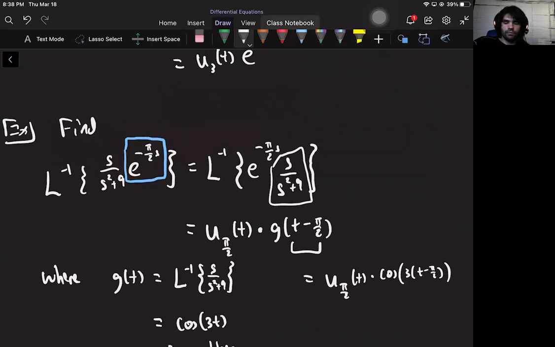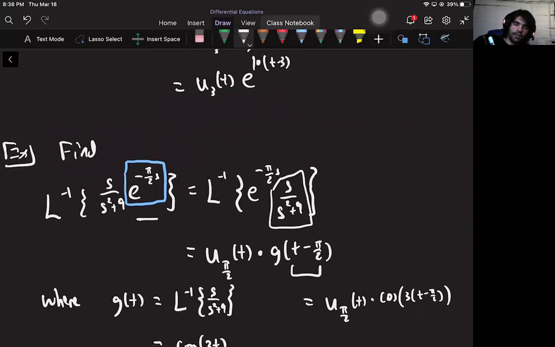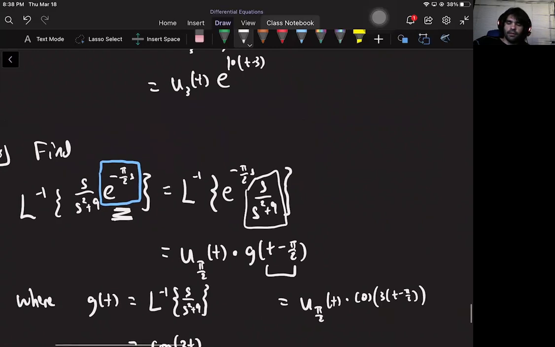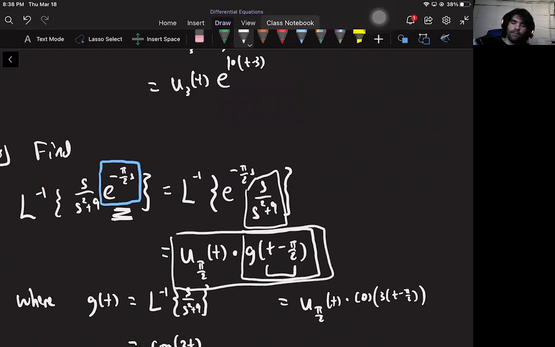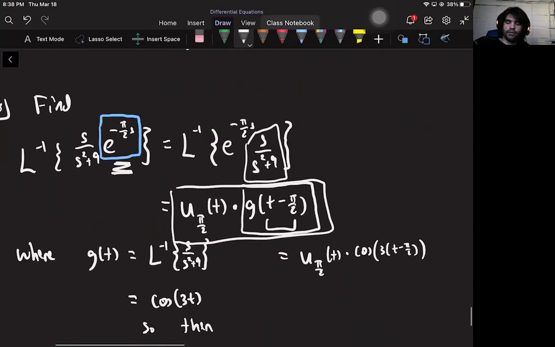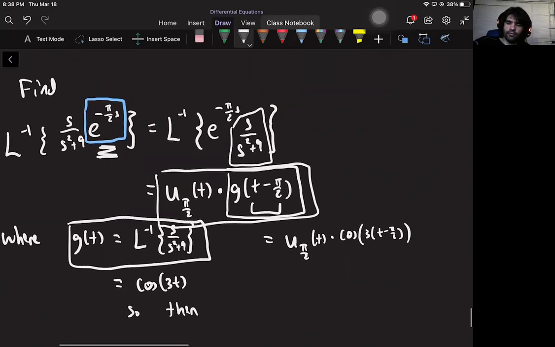The idea is you see that there's this exponential, so you know that there is some function that's been shifted by that amount, and that you took the Laplace transform of that thing, but you just don't know that function. And to get it, you're just doing the inverse Laplace transform of the rest of the stuff.